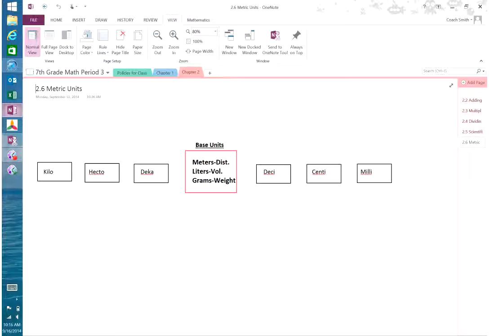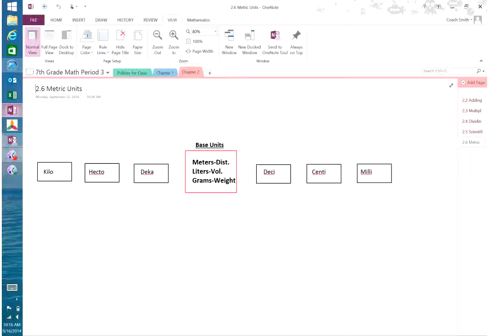How they make smaller and larger units of measurement for distance is they add the prefix deci, centi, milli, or deca, hecto, kilo. That's how they make something larger.